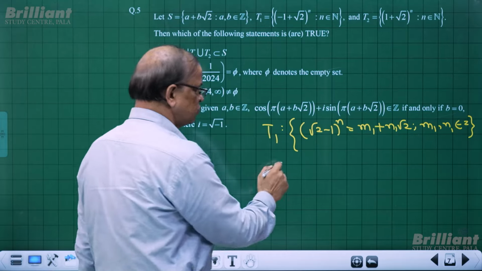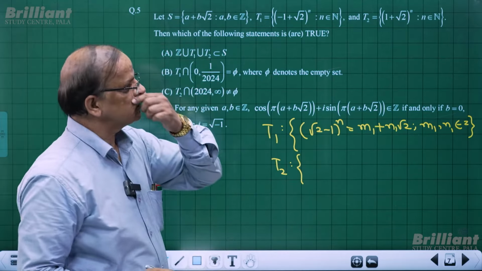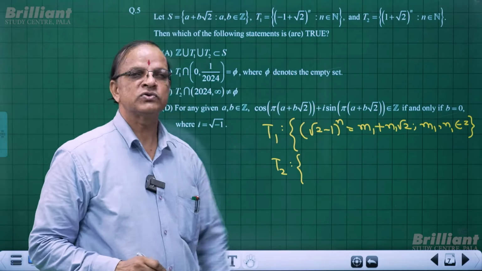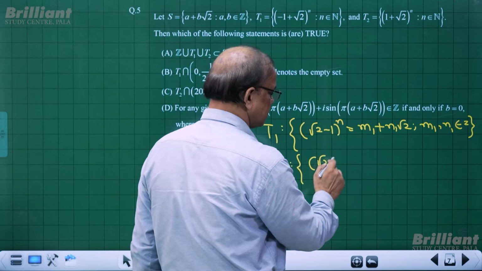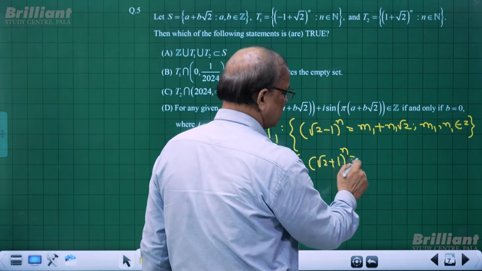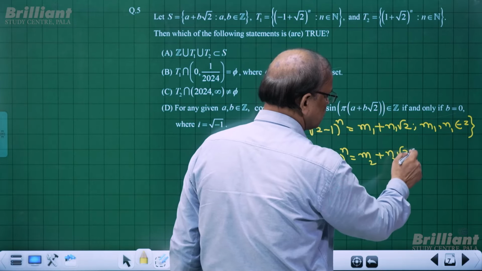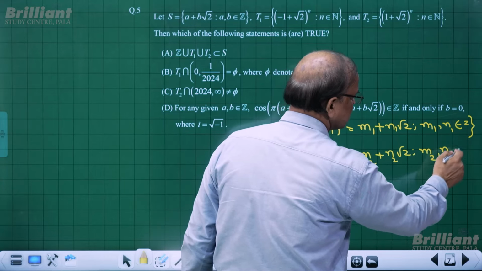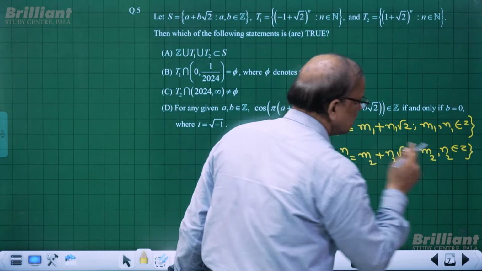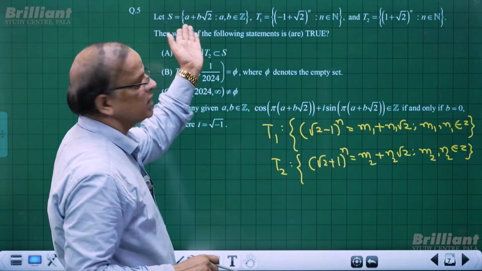Now, T2 is the set (√2 + 1)^n, where n belongs to Z. Therefore, you can write (√2 + 1)^n as m2 + n2√2, where m2, n2 belong to Z. So if you take their union, definitely it is there in this.